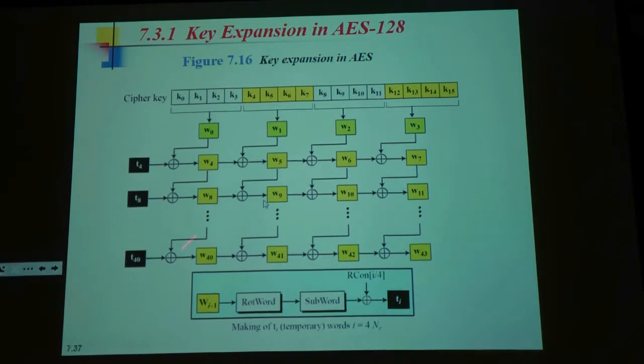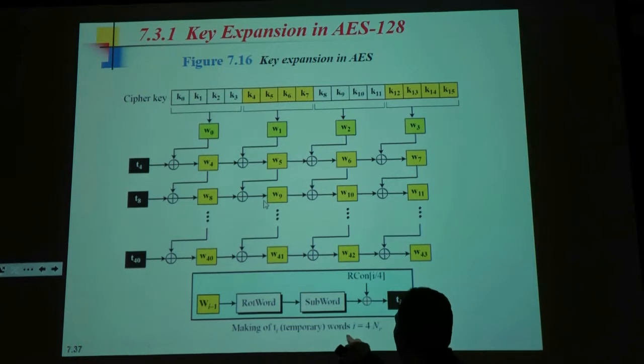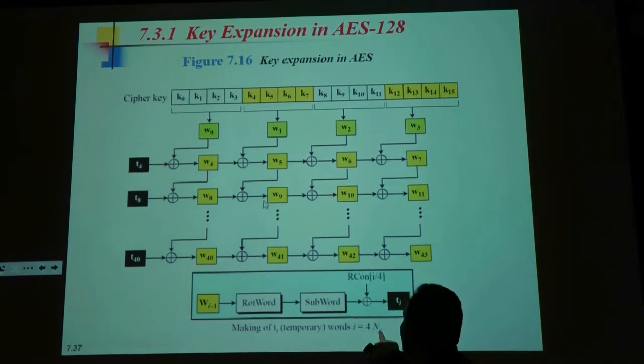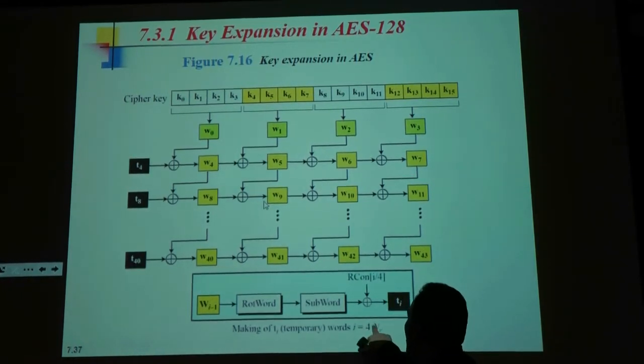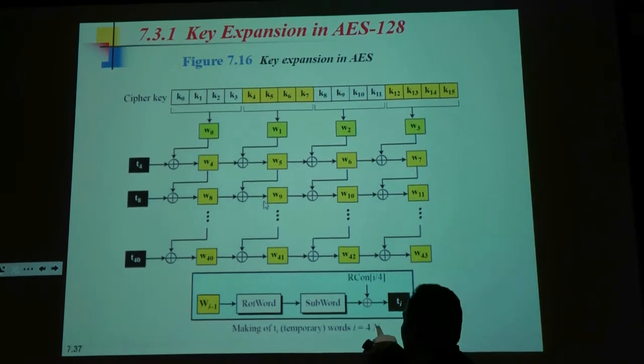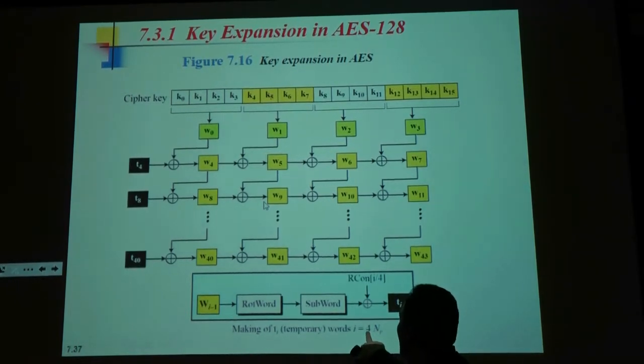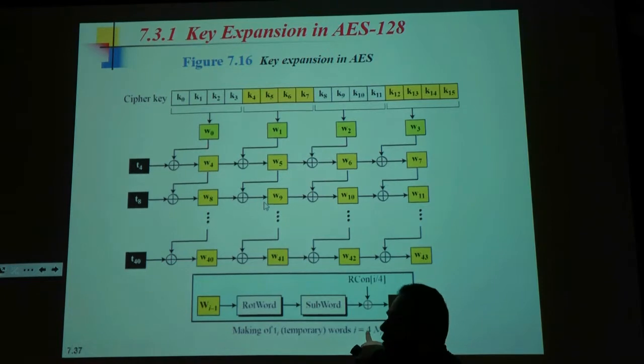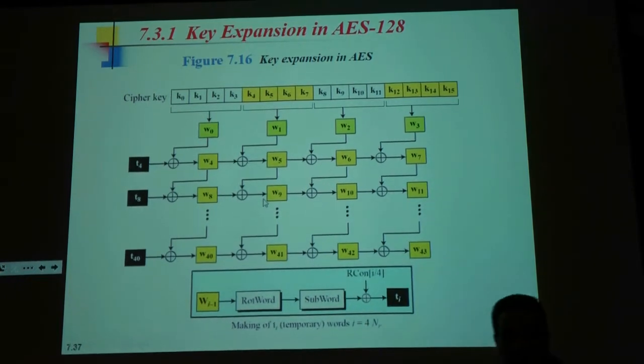How to do it, we're going to take a look. That's the process. So the making of Ti, the temporary words: i equals 4 times Nr, where Nr is the number of rounds. So if the number of rounds is 10, then i equals 40.